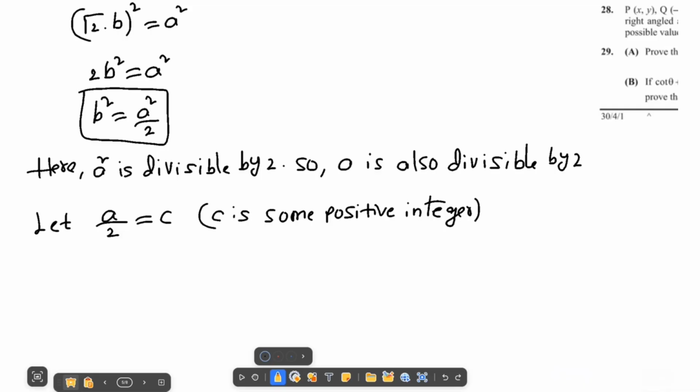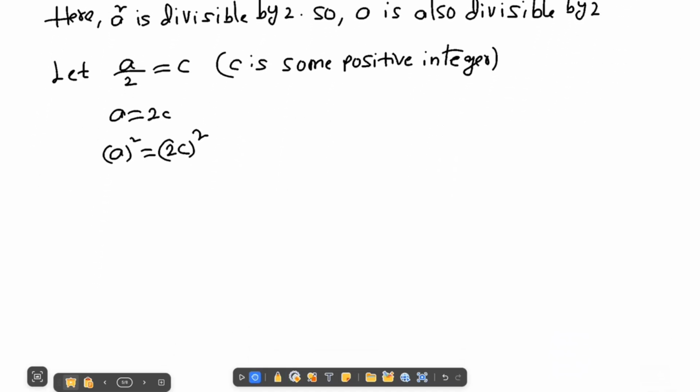So when a is divided by 2, the quotient is c, where c is some positive integer, and send 2 to the right side, becomes a is equals to 2c. Now squaring on both the sides, a square is equals to 2c whole square. Now a square is equals to 2 square is 4 and c square.